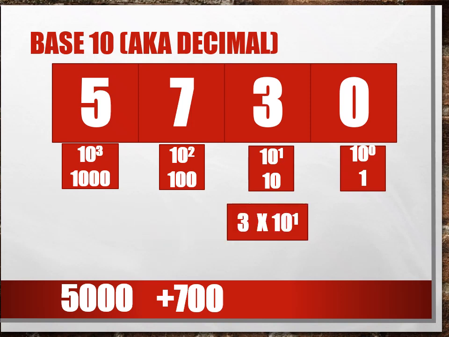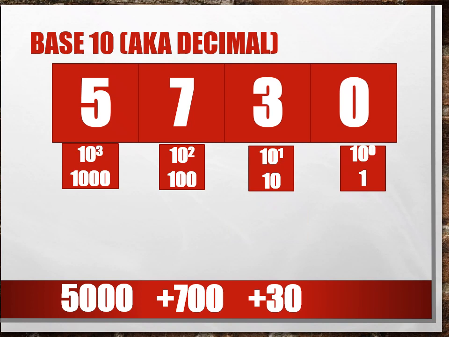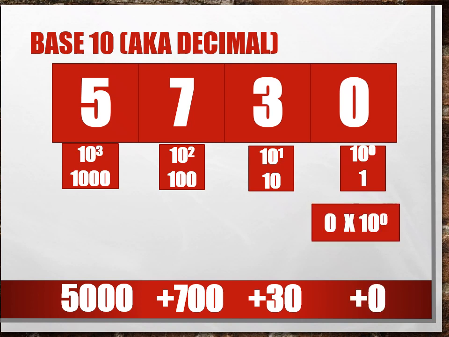And this is 3 times 10 to the first. Anything to the first power is itself, so this is 10 times 3, which is 30. Plus, this is 10 to the 0th power. Anything to the 0th power is 1, so 0 times 1, well, in this case, it's 0. So this number is 5,730, but we get that by adding up each of those values that are associated with it.